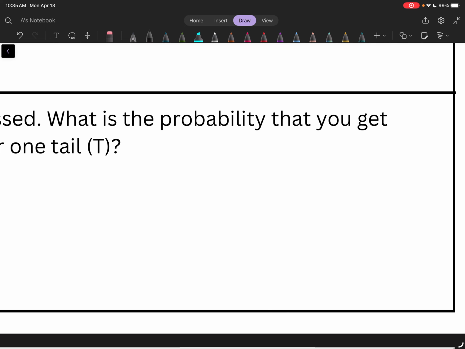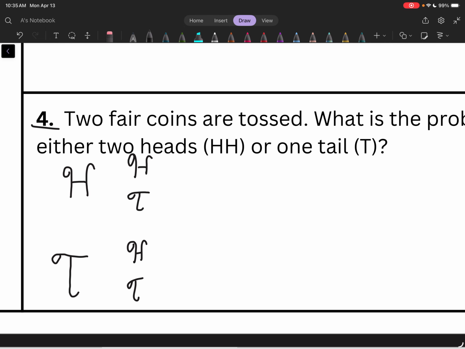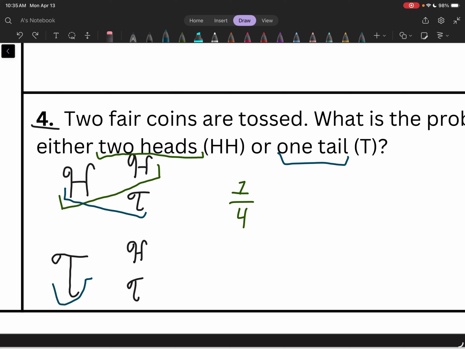What is the probability that you can either get 2 heads, 1 out of the 4 ways, or 1 tail? So I could get heads first and then a tail, or I could get tail first and then a head.